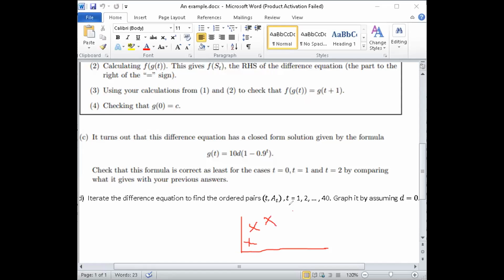Can you write a program using Octave? This is your t-axis and this is your a sub t. So these are pairs t comma a sub t.